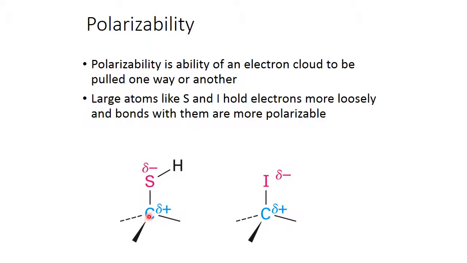So the carbon in a carbon-sulfur bond acts as if it has a del positive on it. Likewise, a carbon in a carbon-iodine bond acts like there's a del positive there because of the polarizability of that bond and the ability of a nucleophile to push electrons onto the iodine or sulfur as it approaches a carbon.